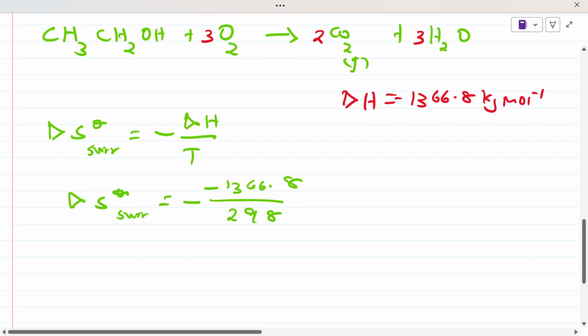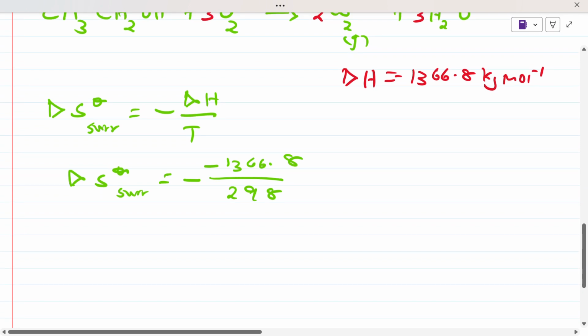When I do that, the answer I'm going to get here is simply positive 4.587 kilojoules per mole per Kelvin.